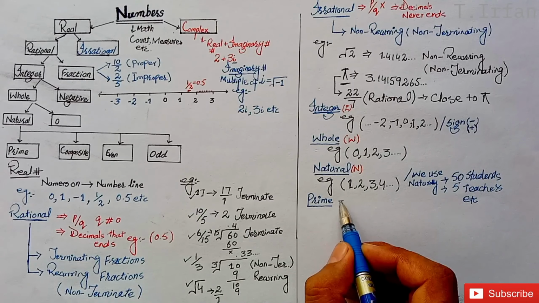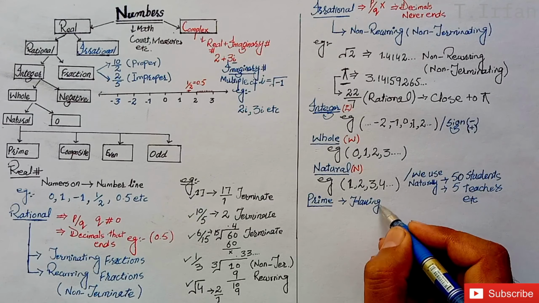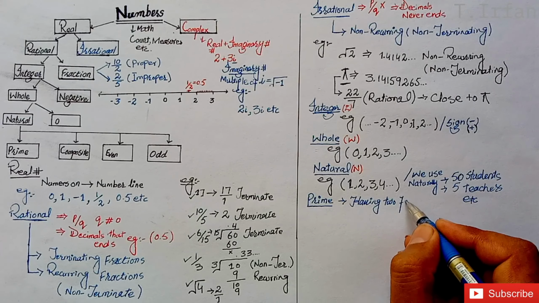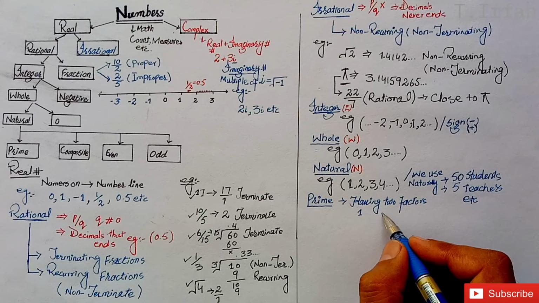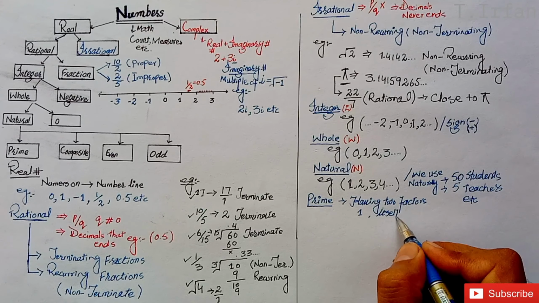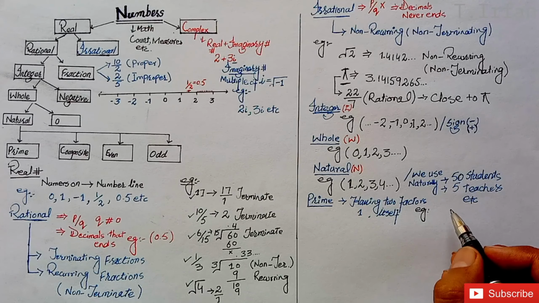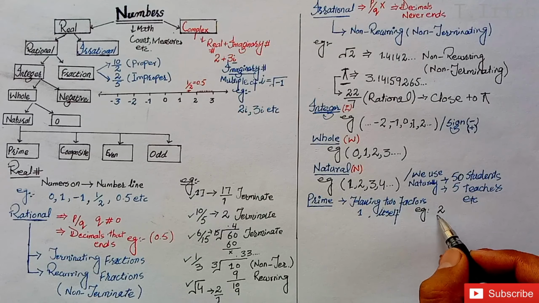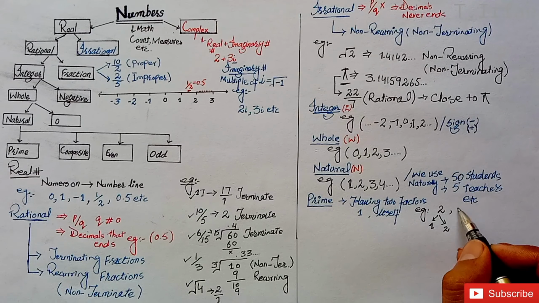Prime numbers. These are those numbers which have two factors, 1 and itself. For example, 2. This is a prime number because it is divisible by 1 and 2. So this has two factors. 3 and 5, etc. These are examples of prime numbers.